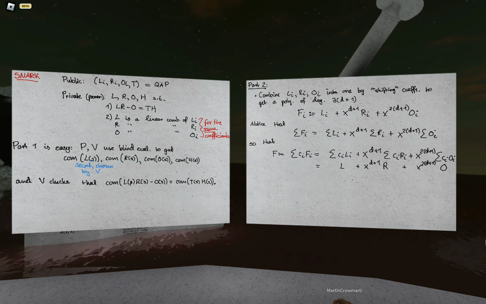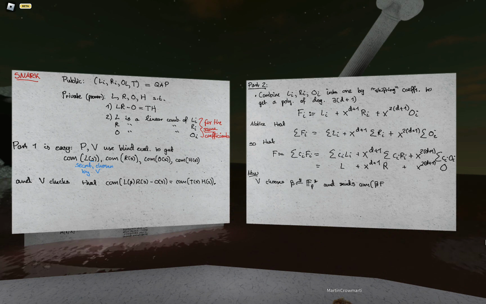Now, the verifier is going to choose beta uniformly at random from the units, and is going to send commitments com beta f1 of s up to com beta fm of s, where m is just the number of gates.